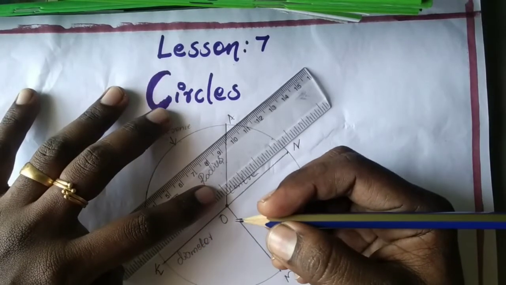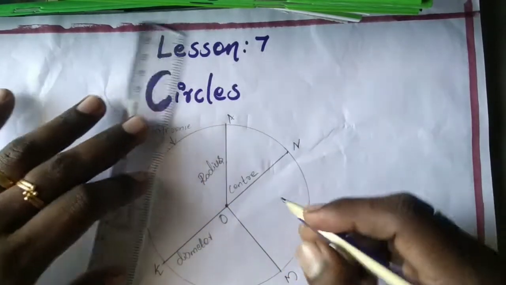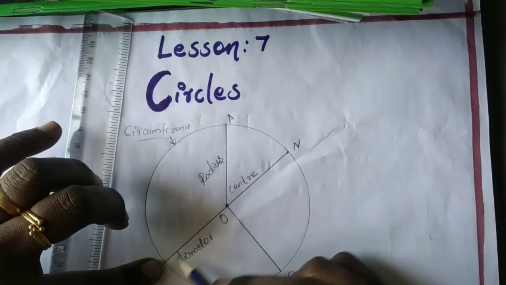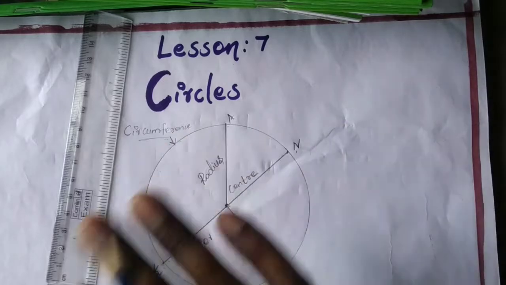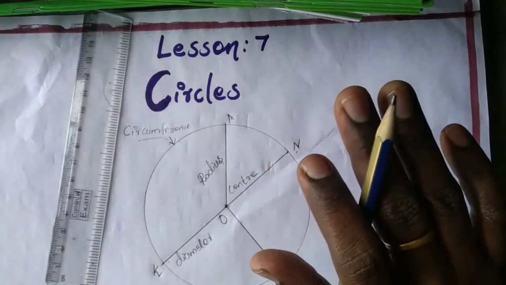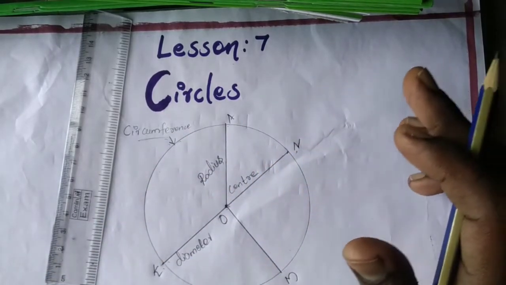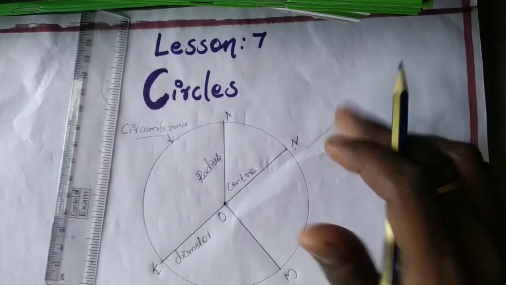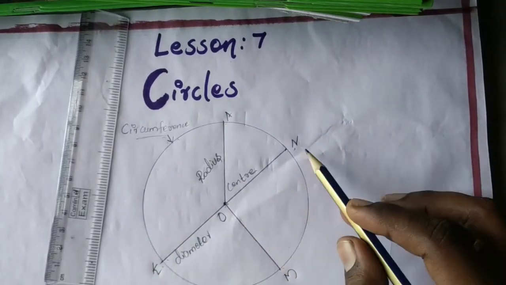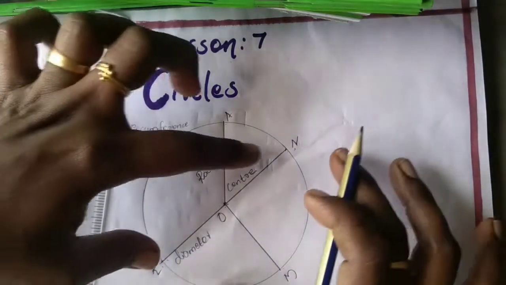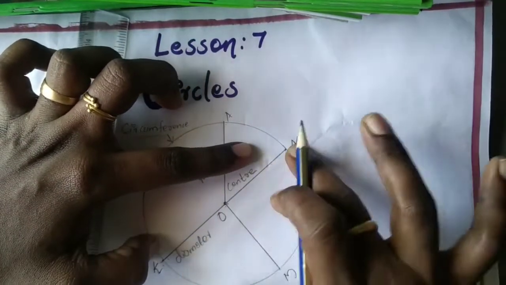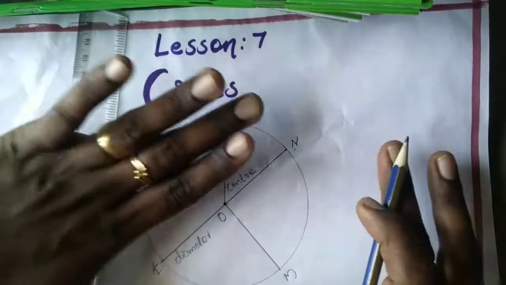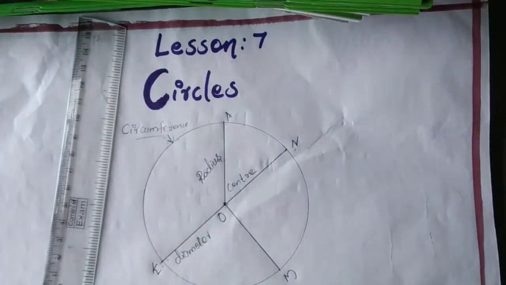Are you clear, my dear guys? So OK, ON, OM, OA, these are called the radius. What is the diameter? A line segment that joins 2 points and passes through the center of the circle is called the diameter. Are you clear, my dear kids?